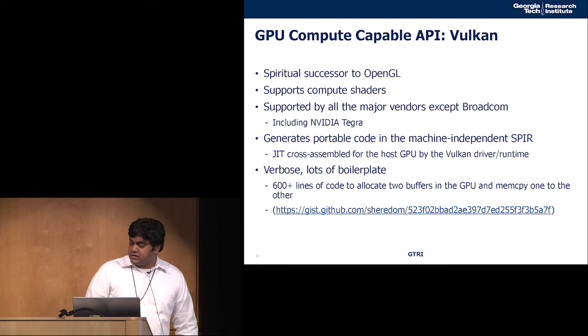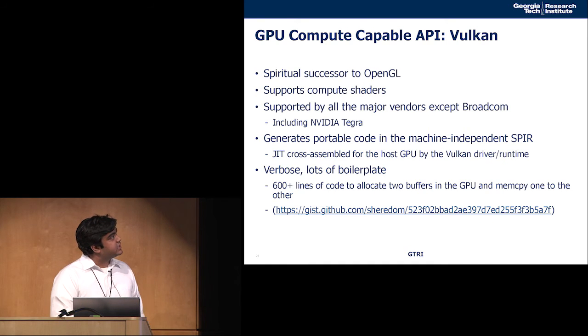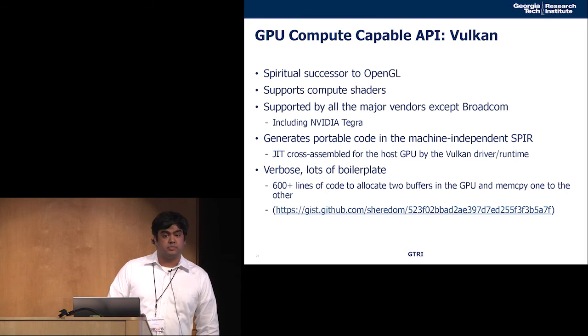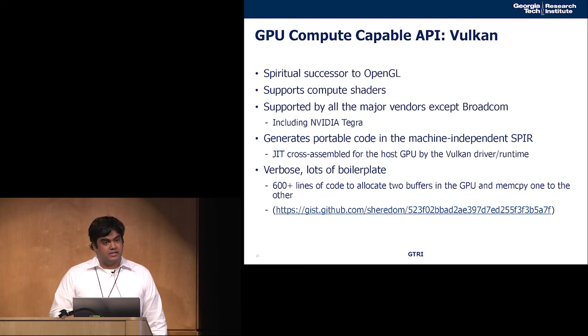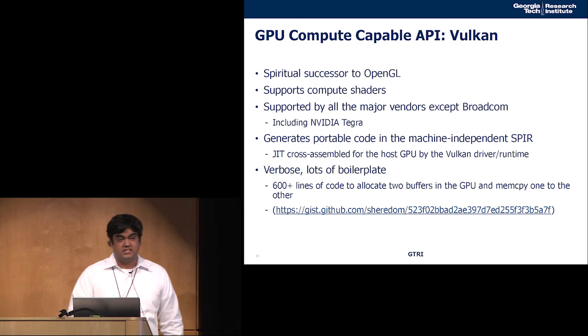Okay, and then we have another graphics API called Vulkan. Vulkan's the successor to OpenGL, and it also supports these compute shaders. So you can write things that take sines and cosines or square roots on each one of those ALU cores, and the Vulkan environment will parallelize it for you. It's supported by everybody except for Broadcom, so this is a decent option if you like thinking of graphics primitives.